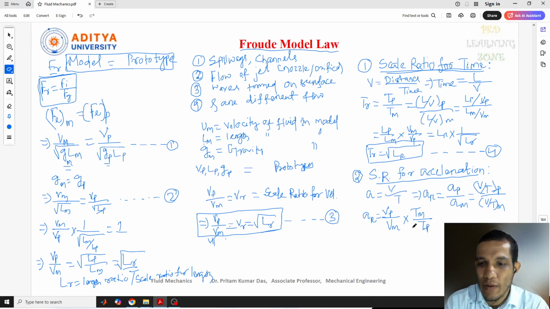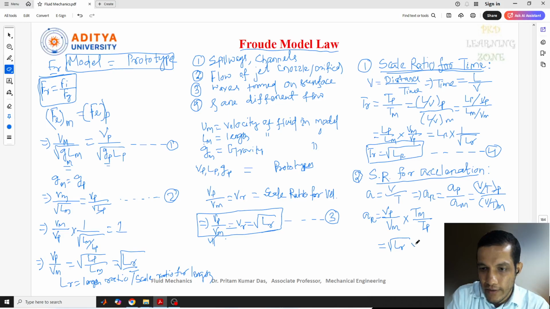VP by VM, what is the equation we got? Root over of LR. So here also same thing we put. This is root over of LR. And TM by TP, what is that? TR, time ratio. So same thing, we got root over TR.